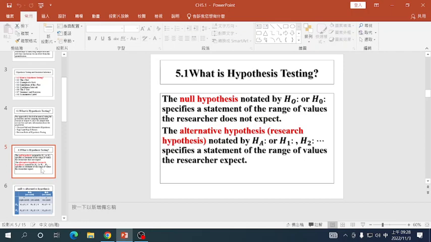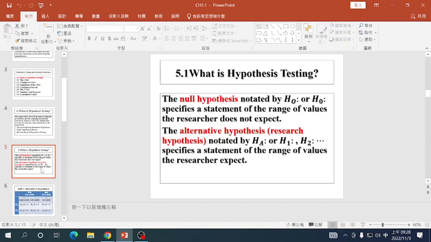Then the other side, the opposite of the alternative hypothesis, will be the null hypothesis. Therefore, this is the range of values the researcher does not expect. So if I use regression analysis as an example, usually when we do hypothesis testing in regression analysis, we are testing all the coefficients, except the constant. In other words, I will test all the slopes.